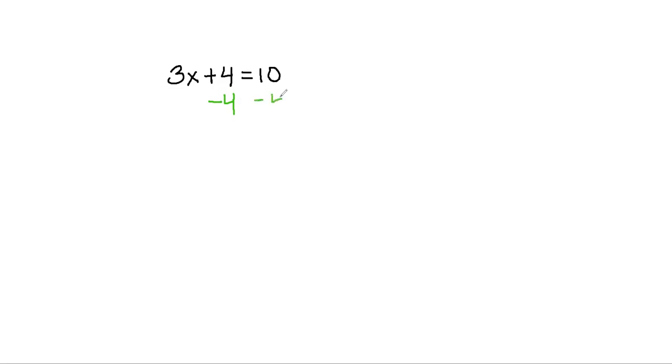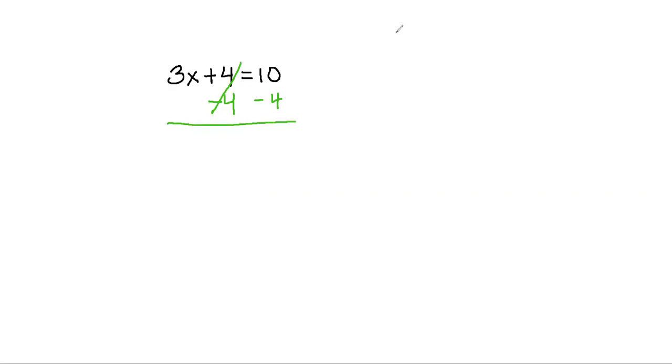So if I do something on one side of the equation, I have to do it on the other. This positive 4 and negative 4, well, we know that when we have a positive and a negative of the same number, we get 0. So this is my favorite part. It's gone.